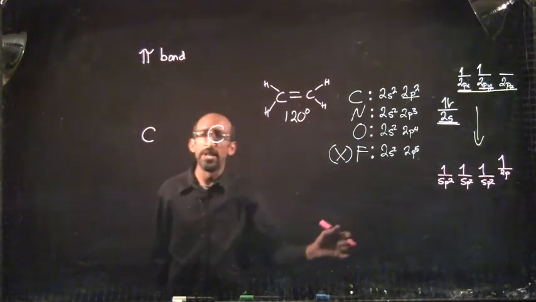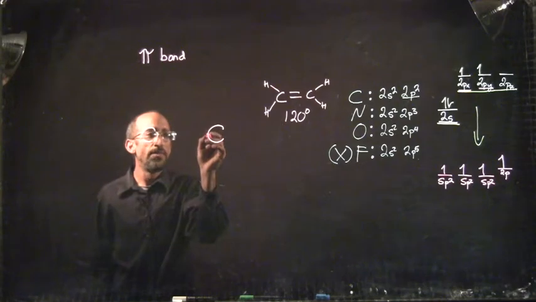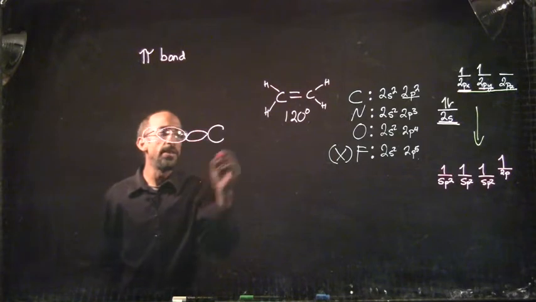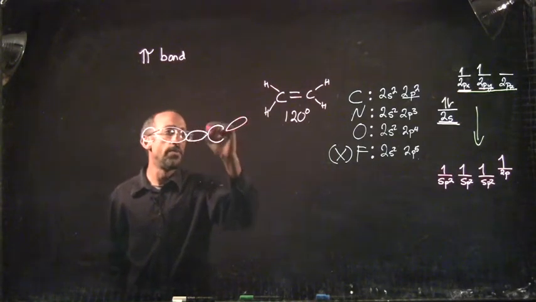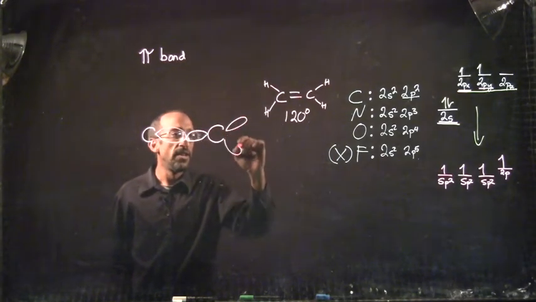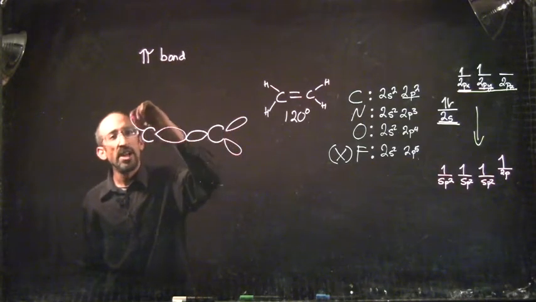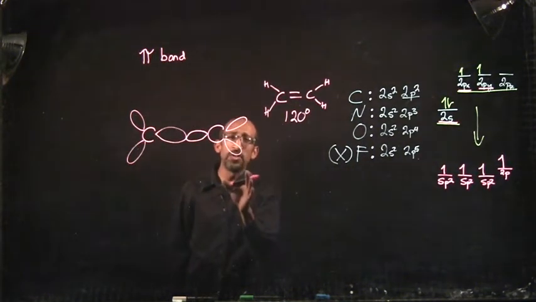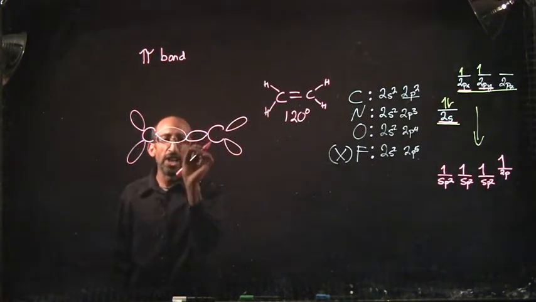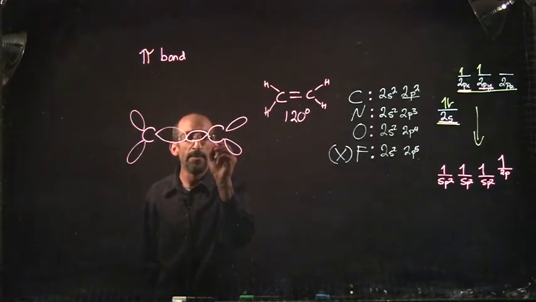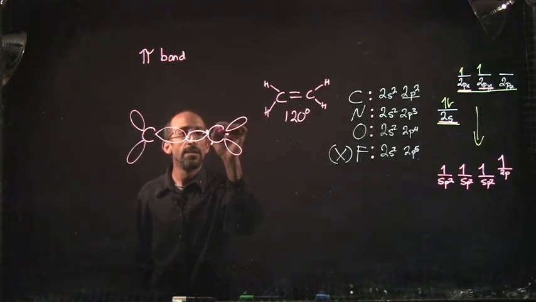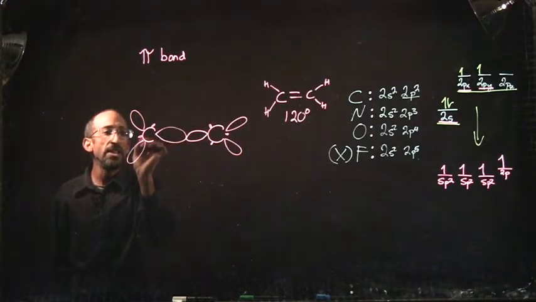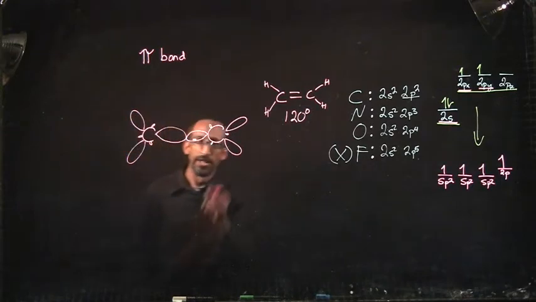So let's start by just putting in our sp2 orbitals. So we'll have an sp2 orbital from this carbon and one from this carbon. We'll have another sp2 orbital at 120 degrees here and here, and then finally one here and one here. Now all of these sp2 orbitals have a very small second lobe on the opposite side of the carbon atom that we typically omit just for clarity.